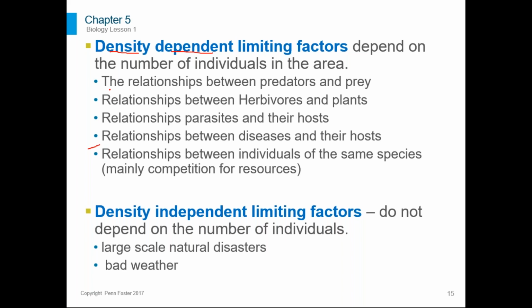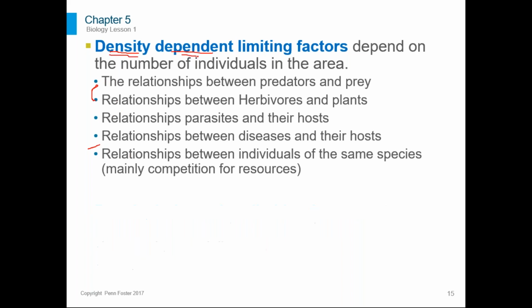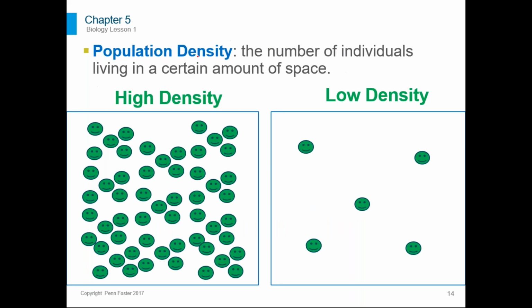So things like relationships between different species, the amount of food that's available, so predators or herbivores, diseases, which spread differently based on how dense the population is, competition between them. Those are all density dependent. Those things will affect a high density population differently than a low density population.